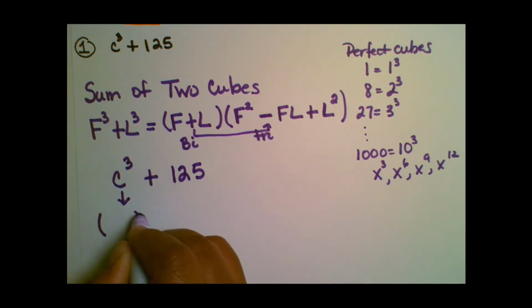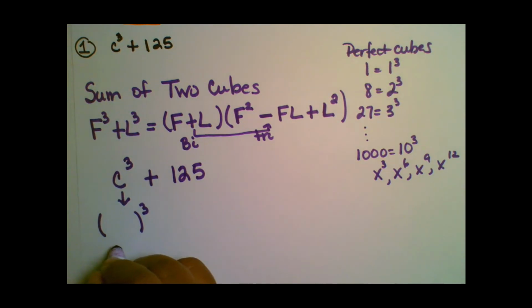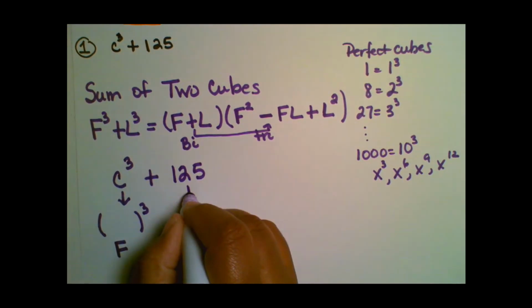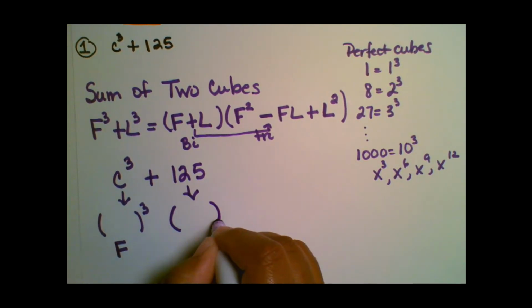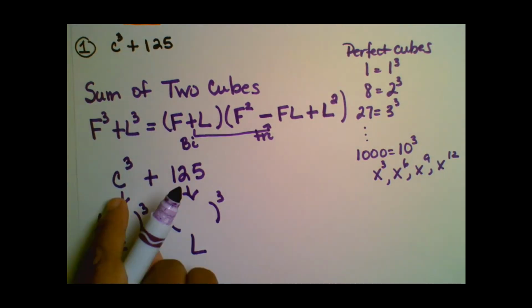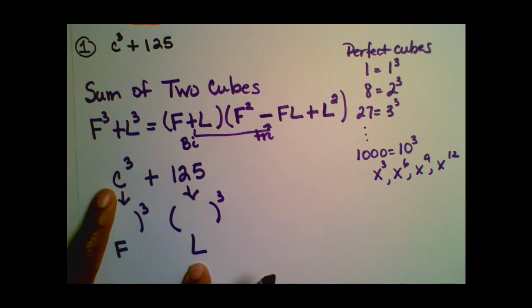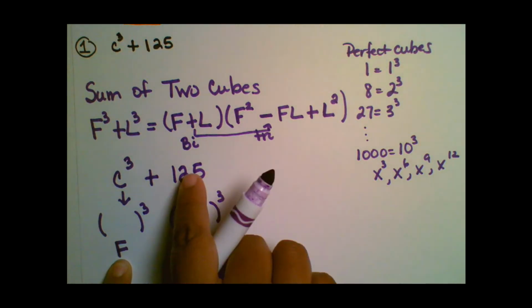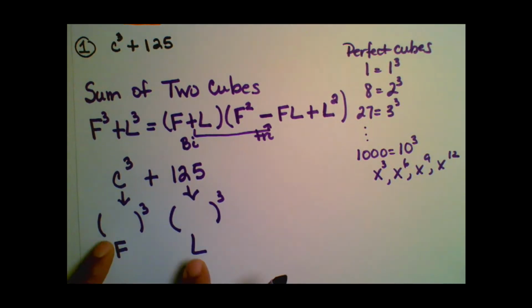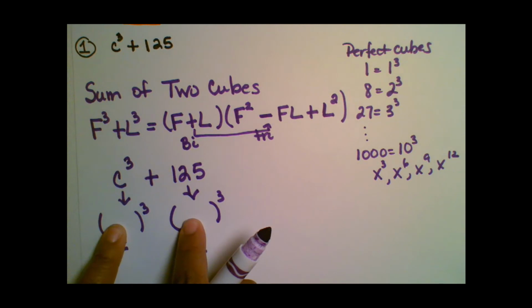I want you to help me out here, because c cubed is a perfect cube, and 125 is a perfect cube. We're calling the first term F, and the last term in the question L. I want you to fill in the missing piece here.